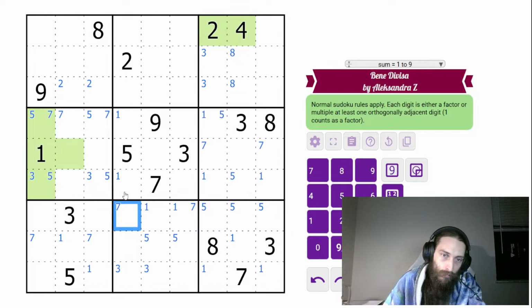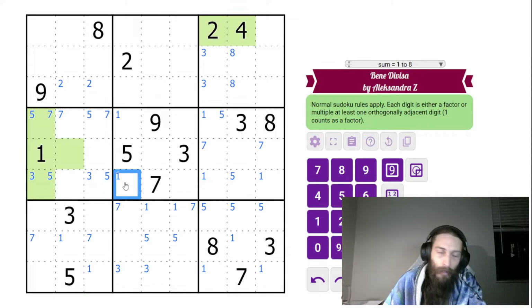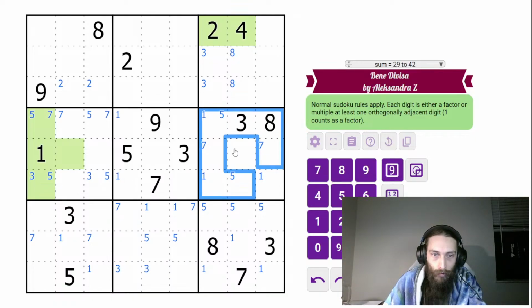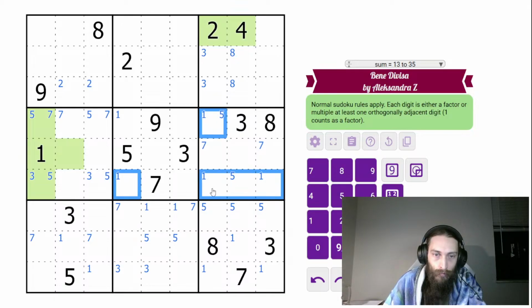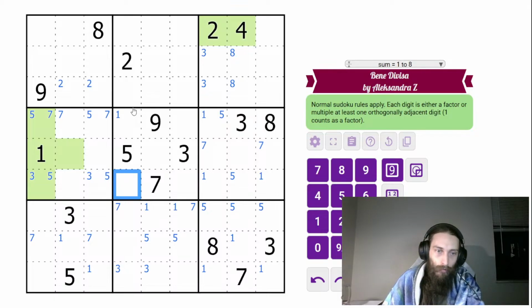But I think this just simply can't be 1, because where does 1 and 5 go in this box? Right, because if that's 1, then 1 goes in the first cell of the box. But then so does 5, because the 5 doesn't work without the 1 next to it. Okay, that was a lot simpler.